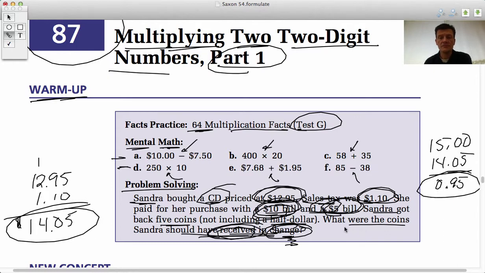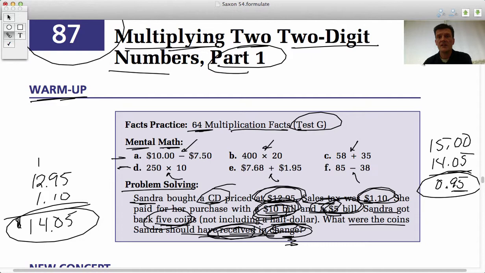It says here she got 5 coins. She got back 5 coins. So we need to figure out what are the 5 coins that she received that would add up to the 95 cents that she got back in change. Okay? So obviously the coins that we use in the United States, you've got a quarter, which is 25 cents.